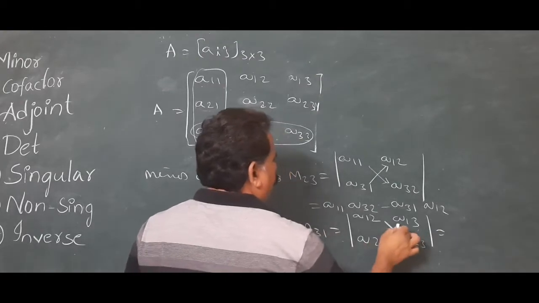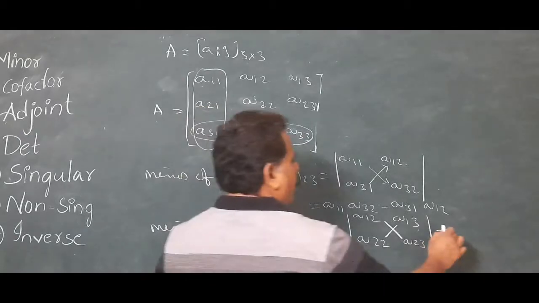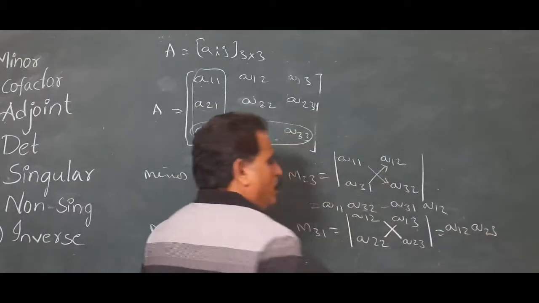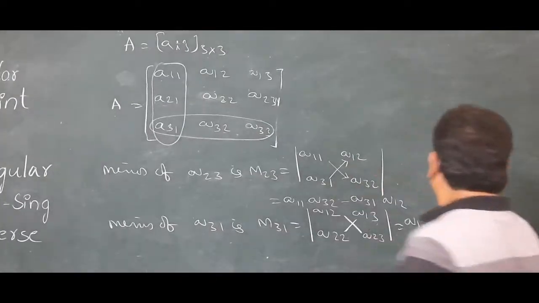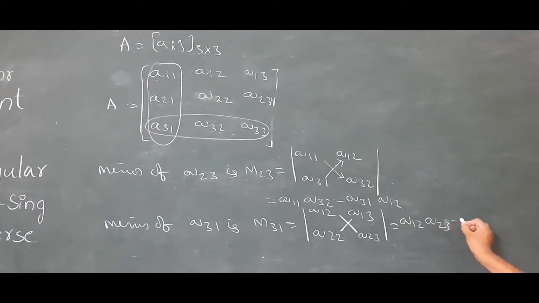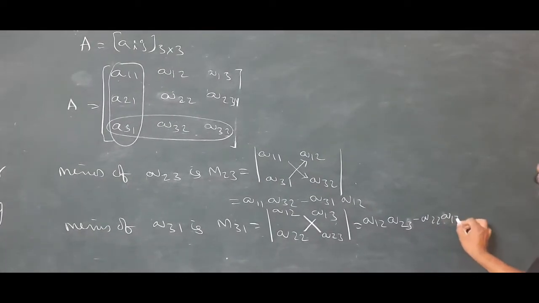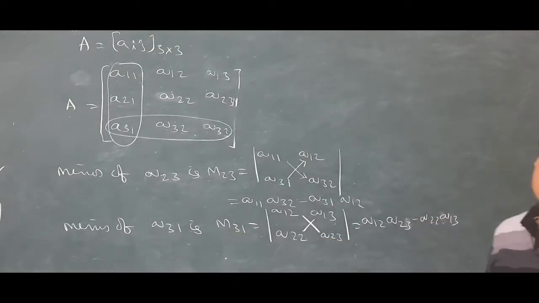That is the product of the diagonal elements, AD minus BC: A12 A23 minus A22 A13. That is the minor of A31, denoted by M31.